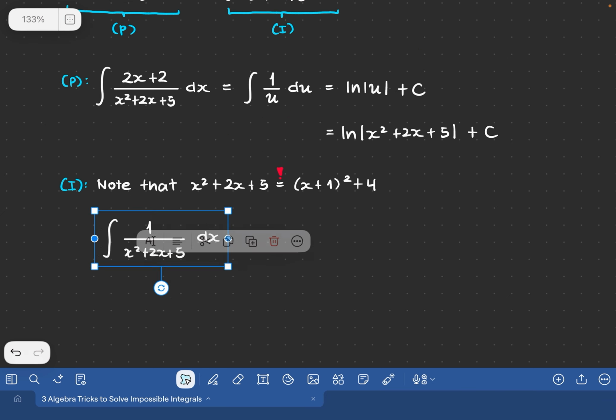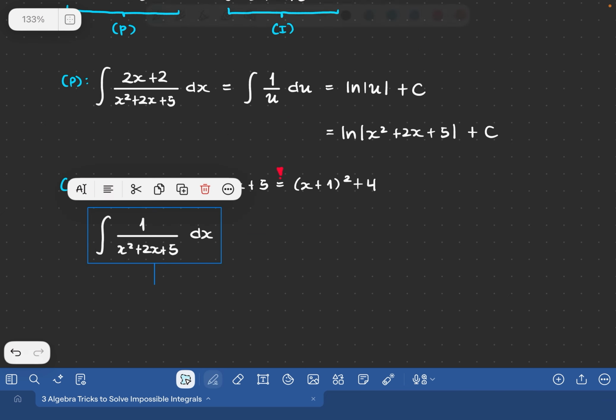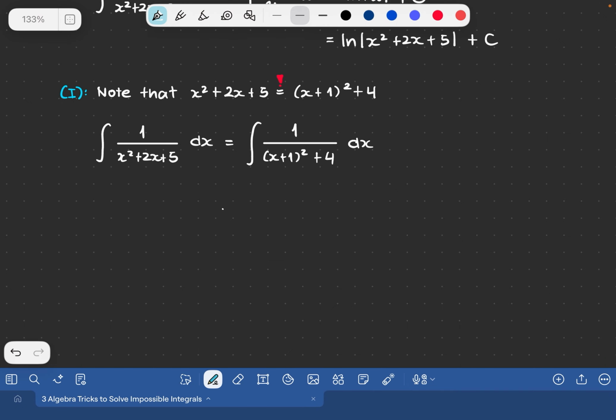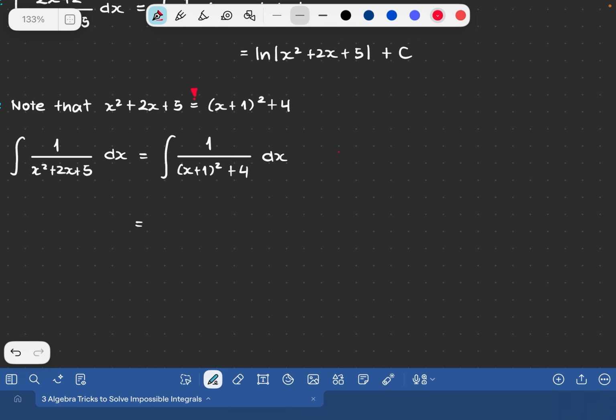This thing here would just be equal to the integral of 1 over x plus 1 squared plus 4 dx, and then like earlier we will be applying u-substitution.